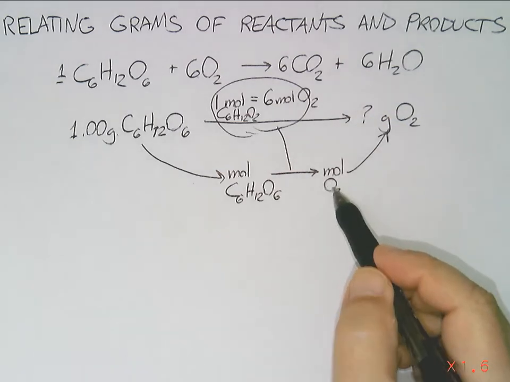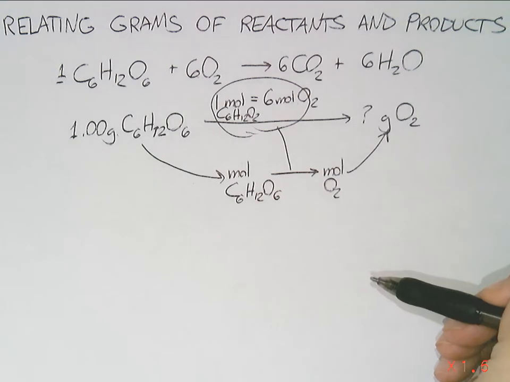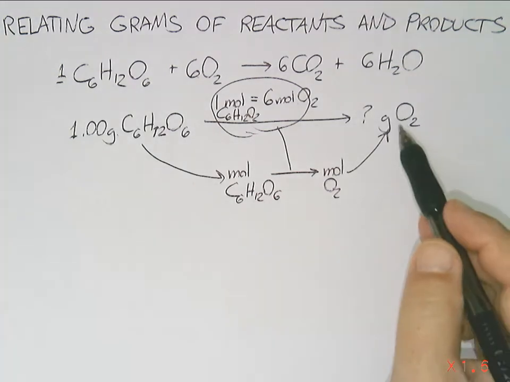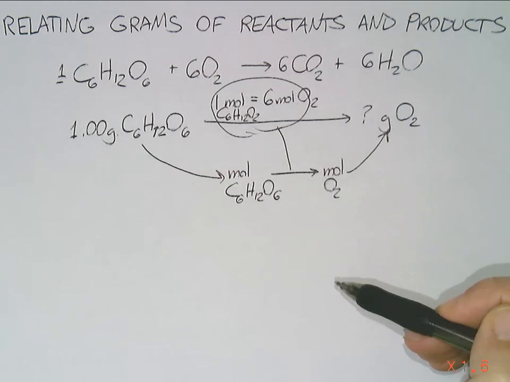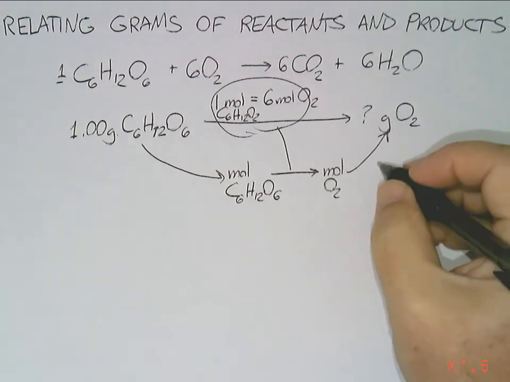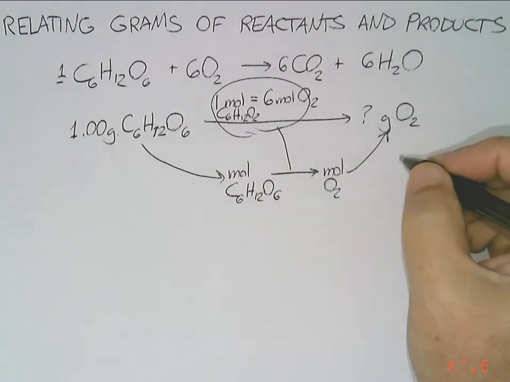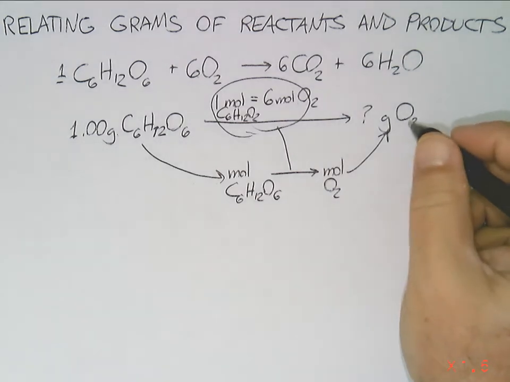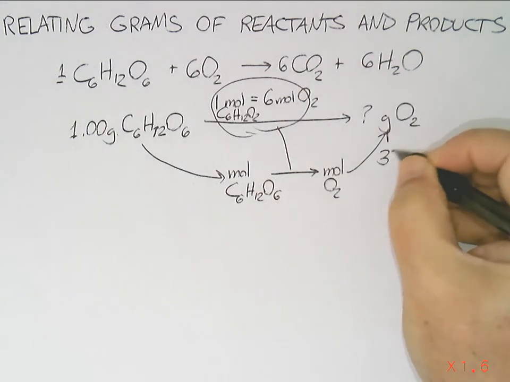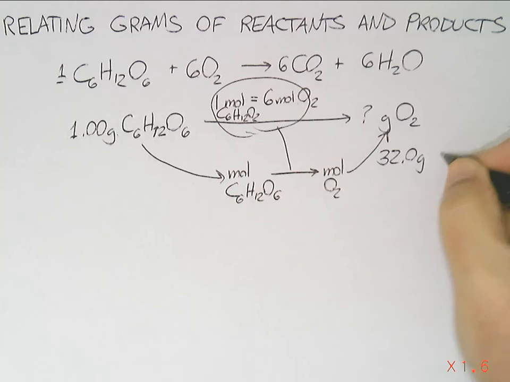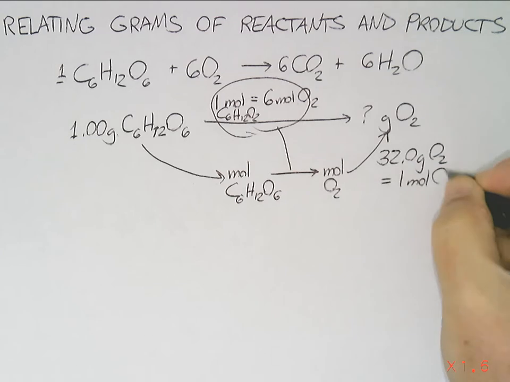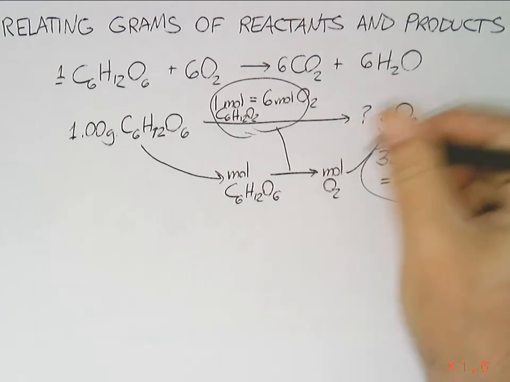And I'll drop the moles of oxygen close to the grams of oxygen because I know what to do there. Whenever I'm relating a mass to moles, what do I need? A molar mass. I need the molar mass of the O2. Now, 1 oxygen weighs 16, so O2 is going to have a 32 gram molar mass. So that's the link I need to do this step.